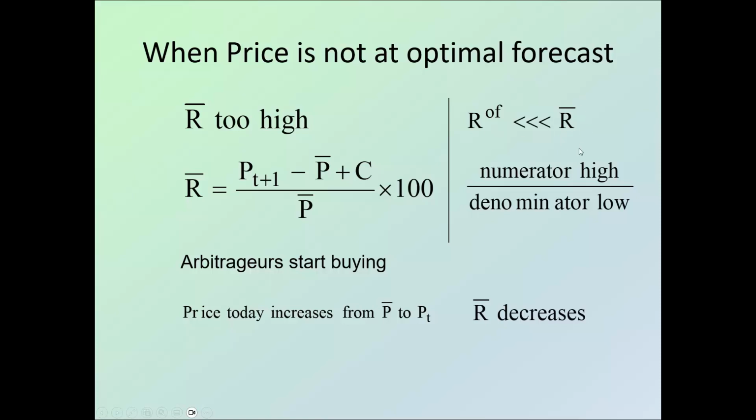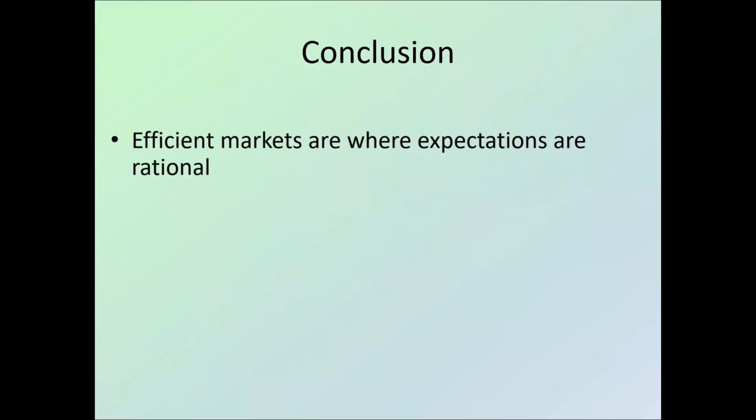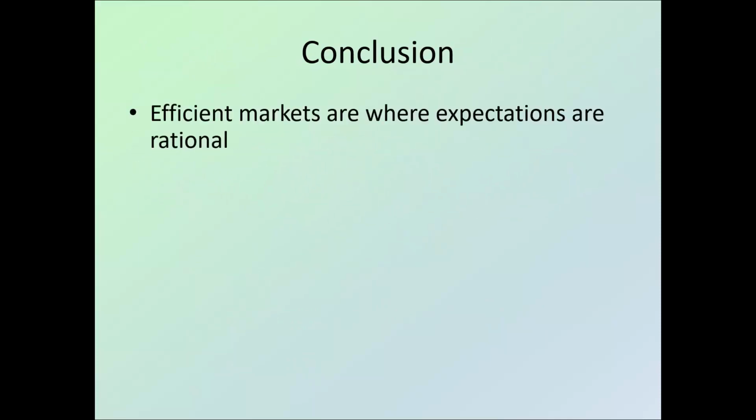Now it starts decreasing until it reaches the value of the optimal forecast return. So what we've shown is that in case of any misalignment of price and returns with the optimal forecast, arbitrageurs will start buying or selling in order to increase or decrease the R bar until it reaches the value of the optimal forecasted R. To conclude, efficient markets are where expectations are rational.